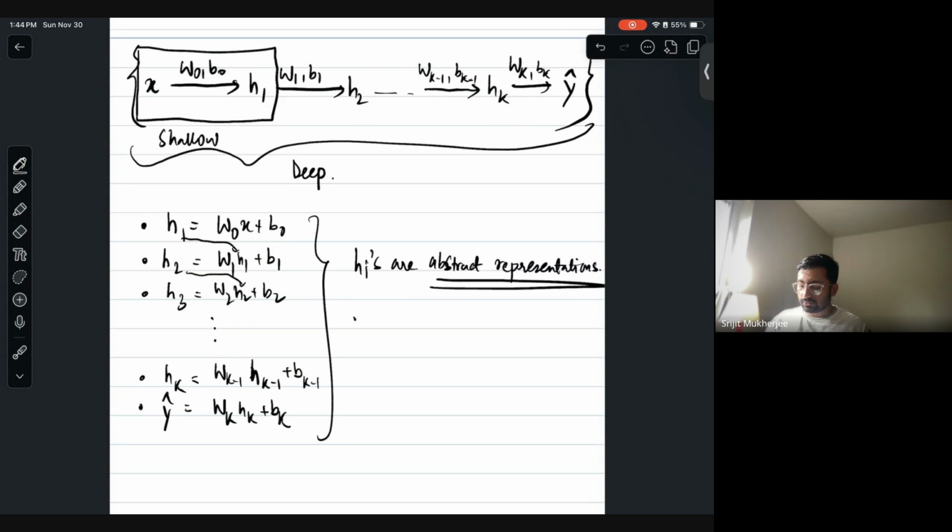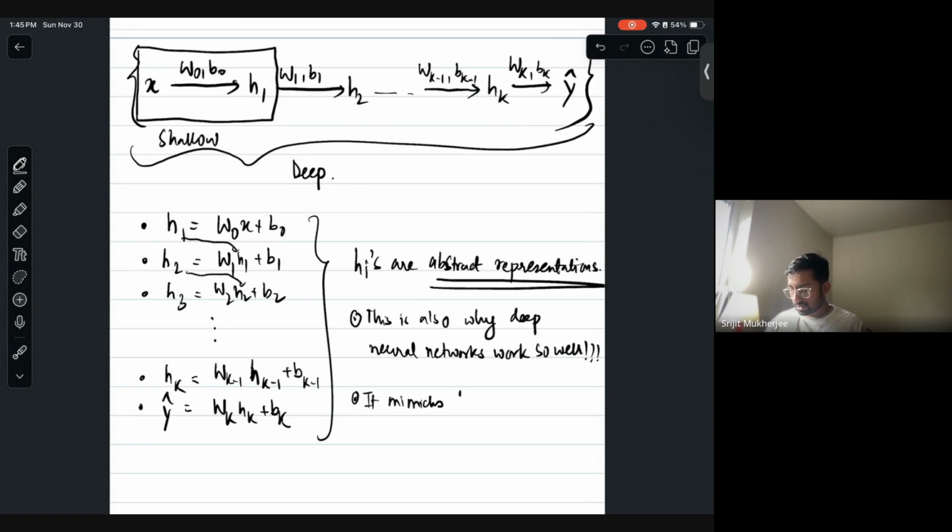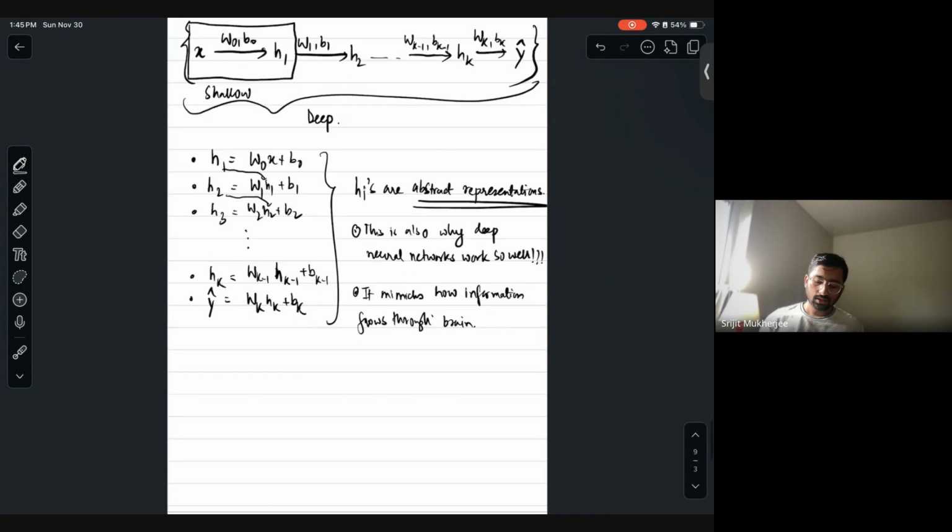And this is also why deep neural networks work so well, because it mimics how information flows through the brain. Did you understand it, guys? So this is all about it.